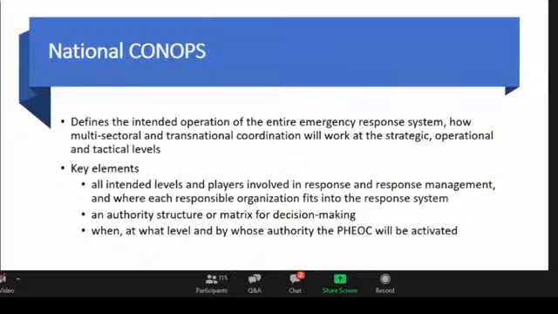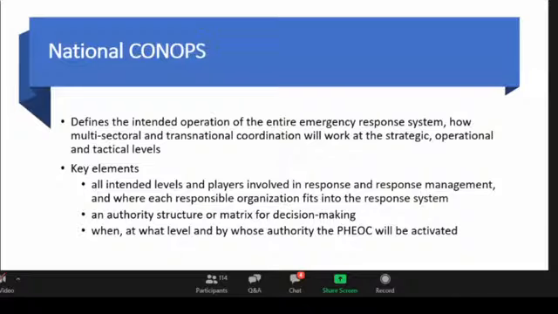So in a handbook, we defined that the national Conops should have 3 essential elements. That is, all intended levels, from tactical, operational, to strategic, you need to describe, and the players at each level involved in the preparedness and response management, and where each responsible organization fits into the response system.